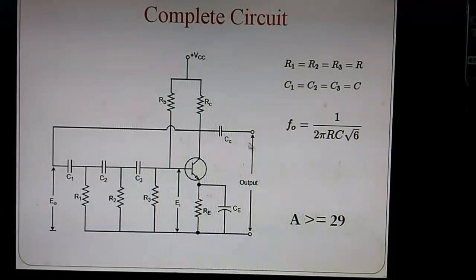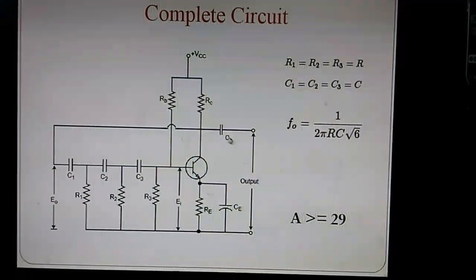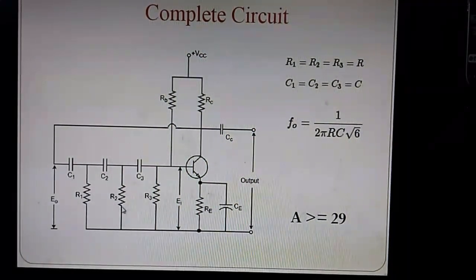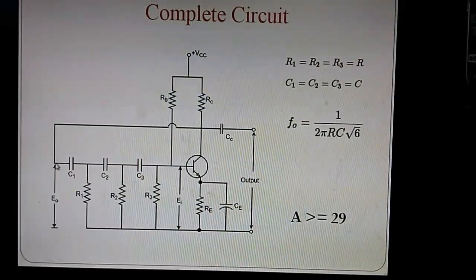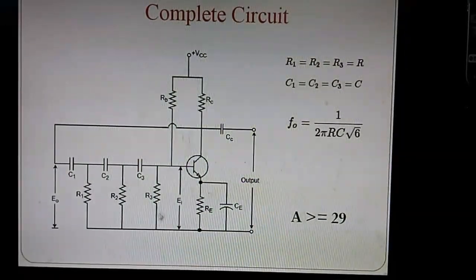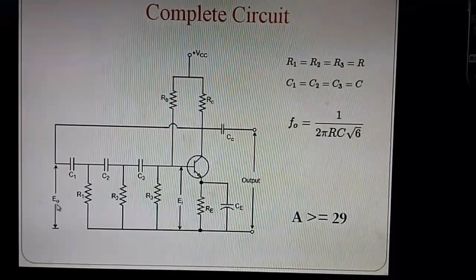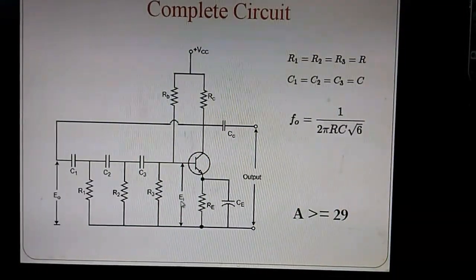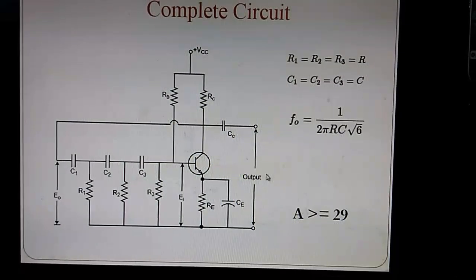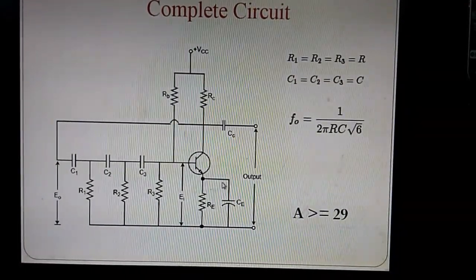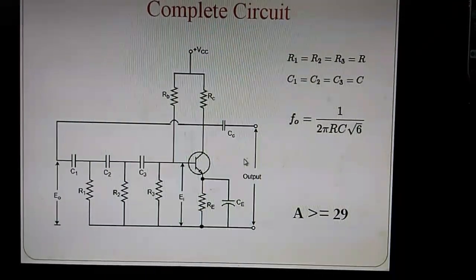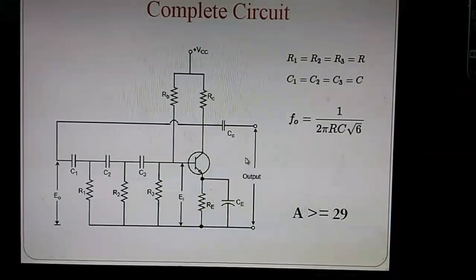The output voltage through a coupling capacitor is fed back to the RC phase shift network. This acts as the feedback network we studied earlier. The phase shift in the RC circuit from E0 output voltage to EI is 180 degree, and from EI to E0 another 180 degree. In total it becomes 360 degree, and the amplifier gives a 180 degree phase shift difference.